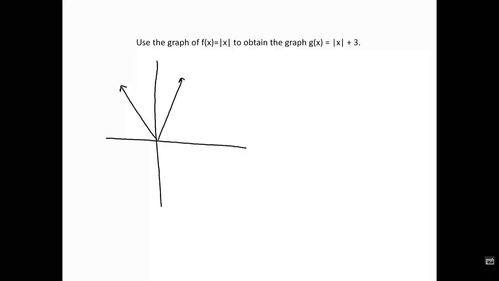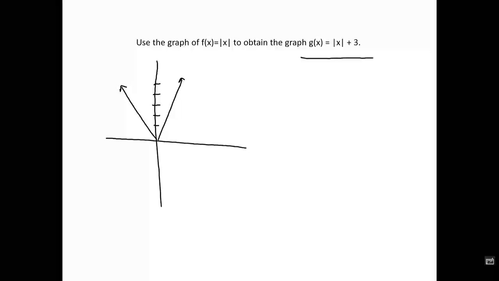We want to now obtain the graph of g of x, which is the absolute value of x plus 3. So that basically means that we want to shift the graph of the absolute value function 3 units upward.